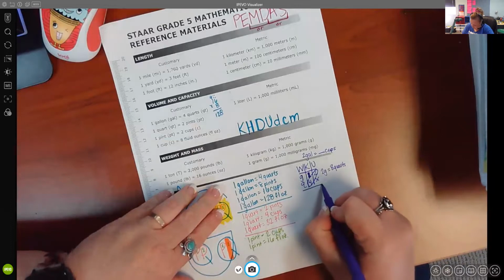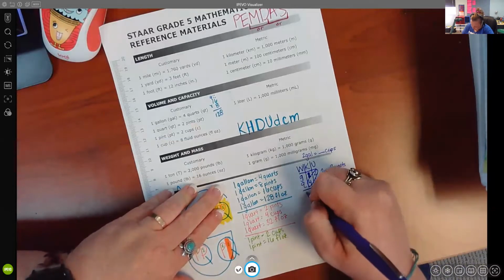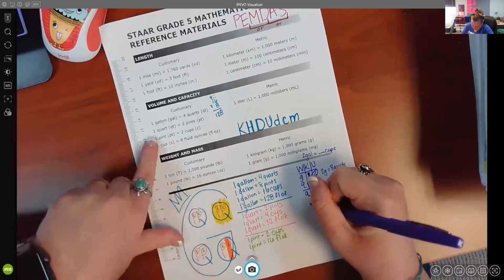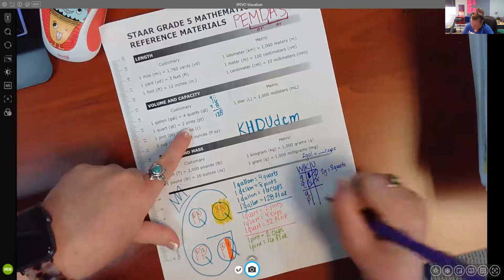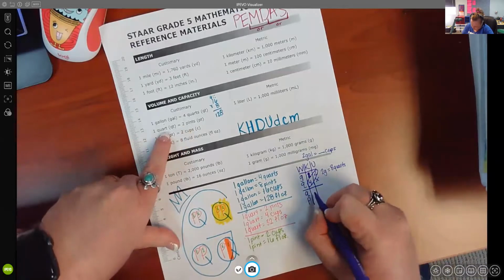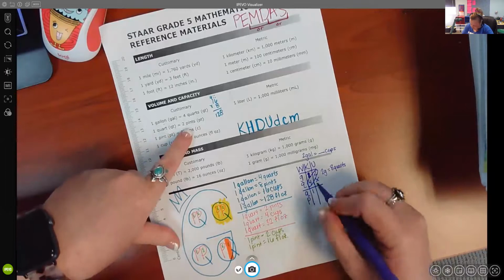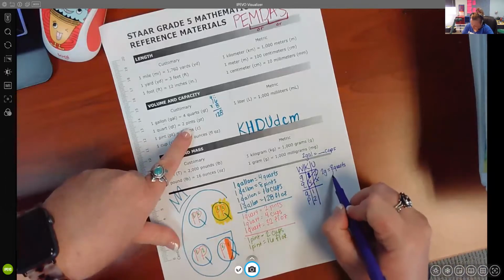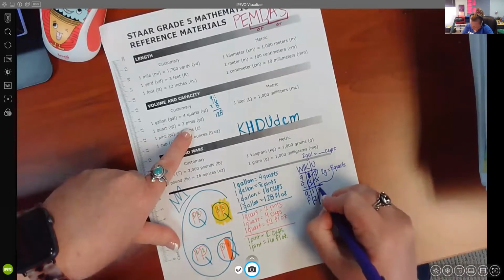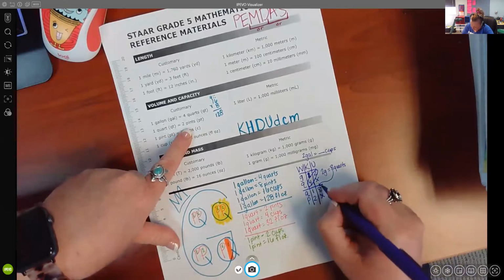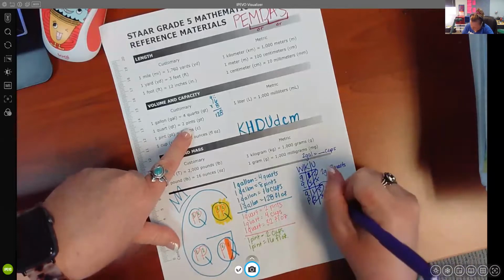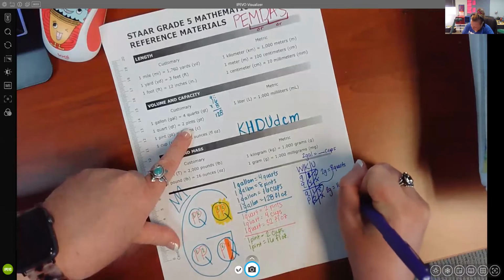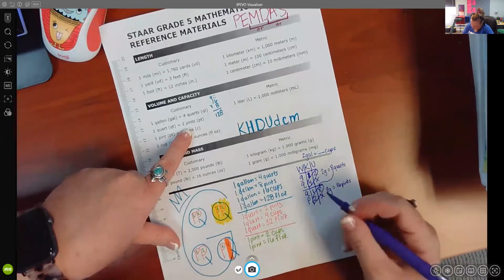So a little further on my chart. So I'm going from quarts this time. So quarts to pints. So I know that 1 quart equals 2 pints. But right here I have 8 quarts in my unknown pints. Cross multiply that again. So 2 gallons equals 16 pints. I still haven't got to cups yet.